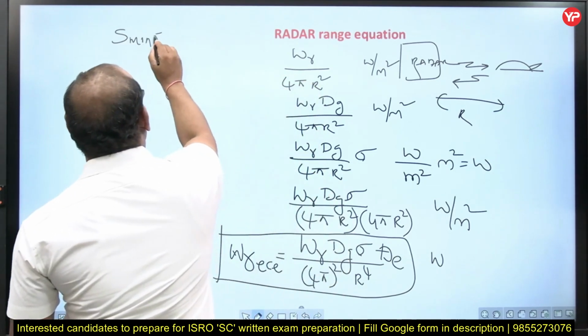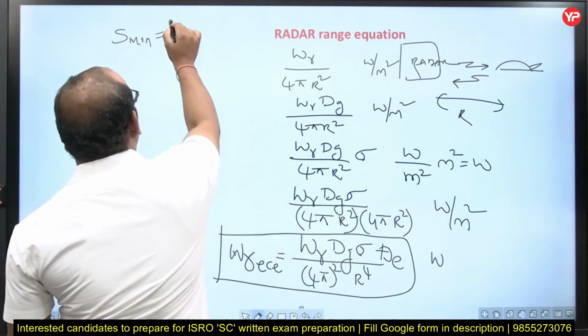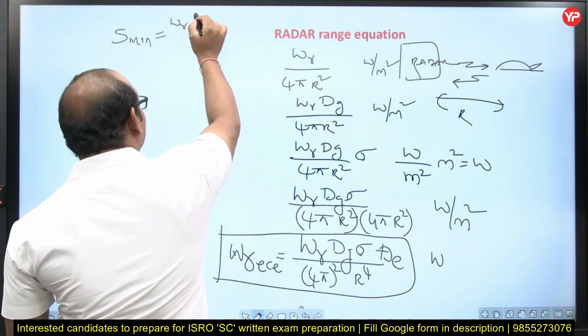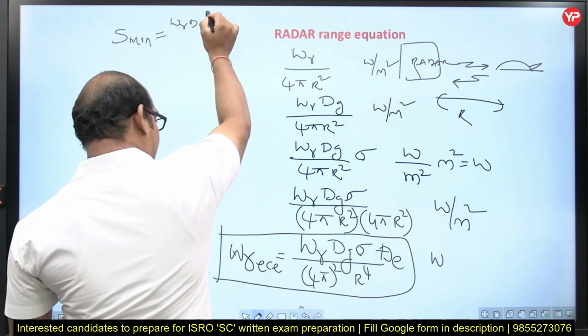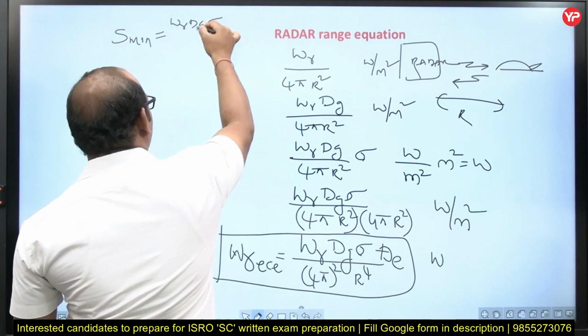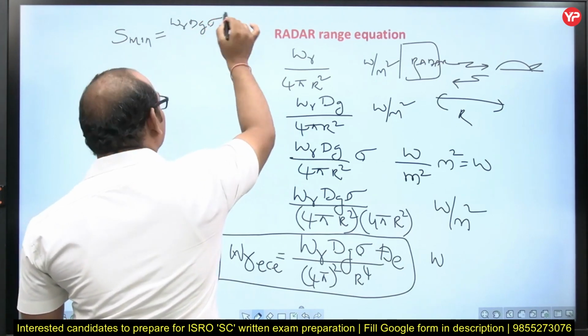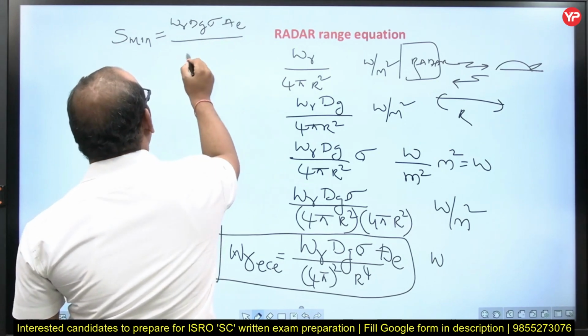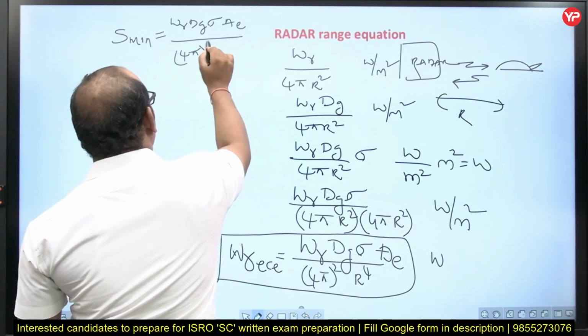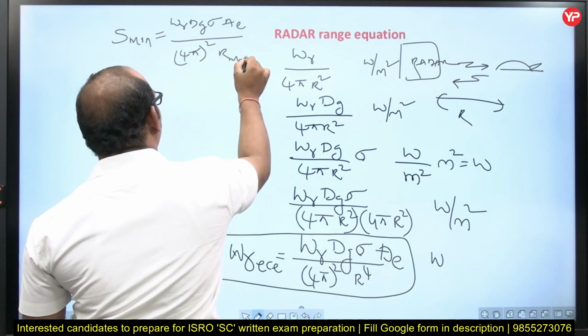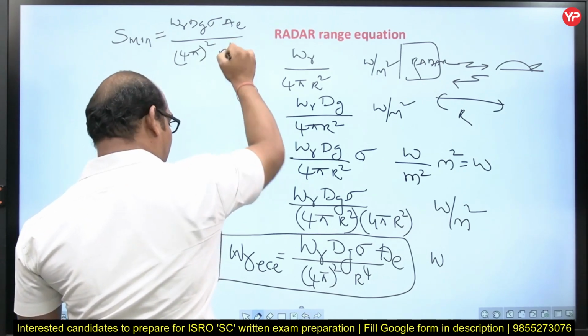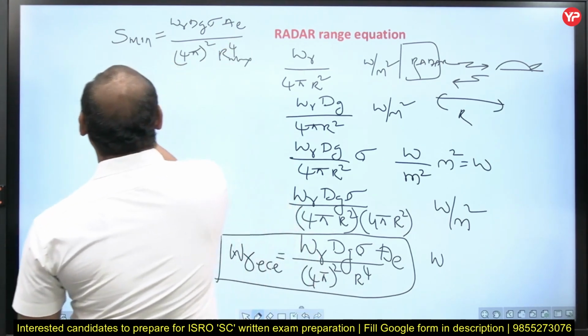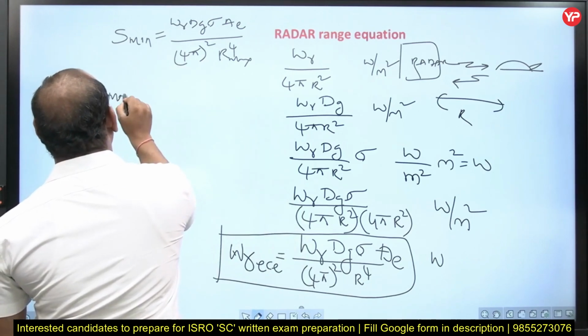Okay, so it is equal to the same formula I am taking here. This is the radiated power, directive gain, and this is the radar cross section, and this is AE, effective aperture area, by 4 pi square into maximum R, maximum range to the power of 4. And from this you can write equation for maximum range.